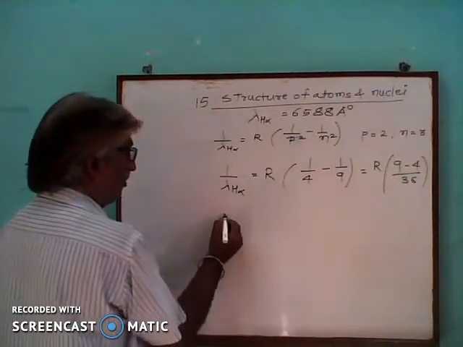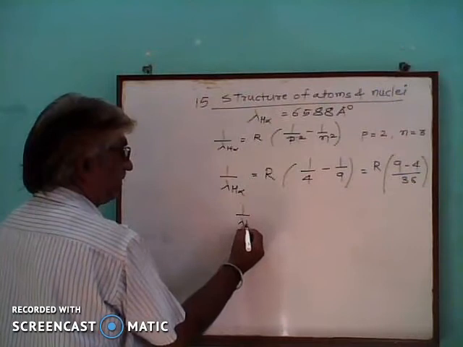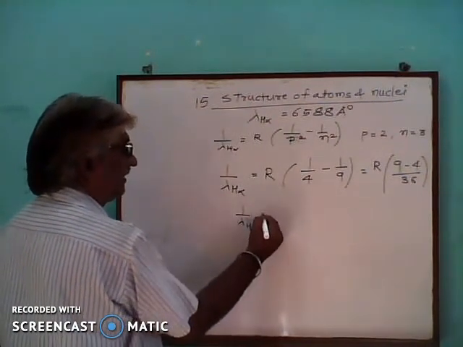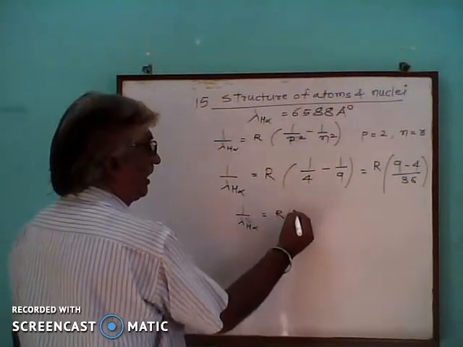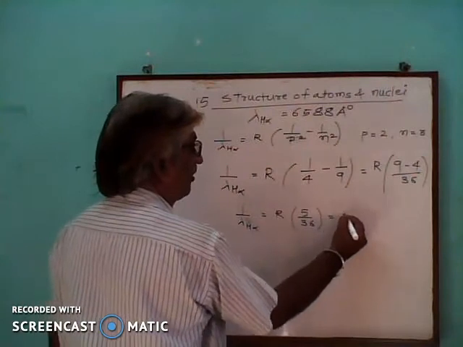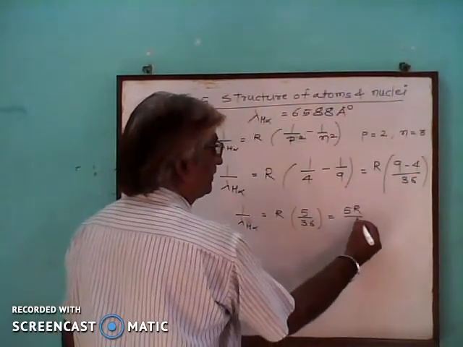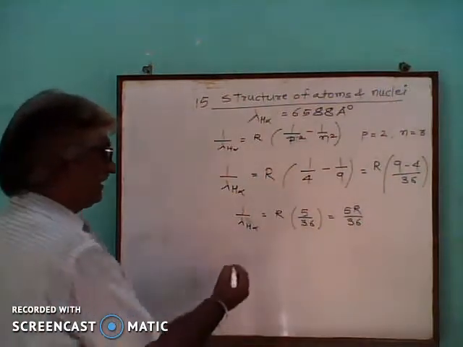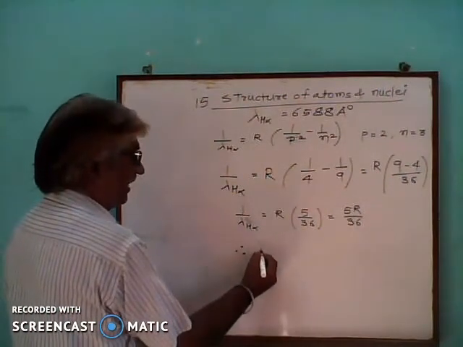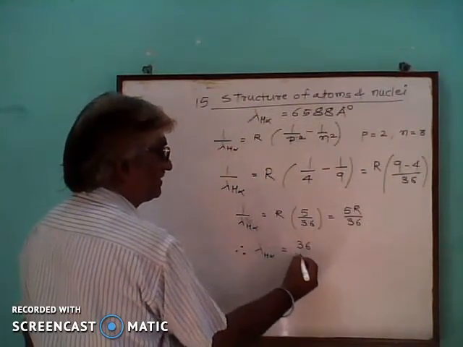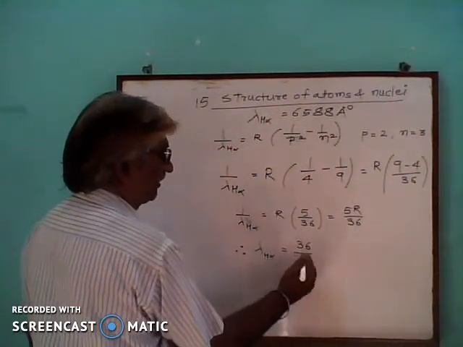So therefore 1 upon lambda H alpha is R in bracket 5 upon 36, or 5R upon 36. If we take reciprocal, then we say that lambda H alpha is equal to 36 upon 5R.